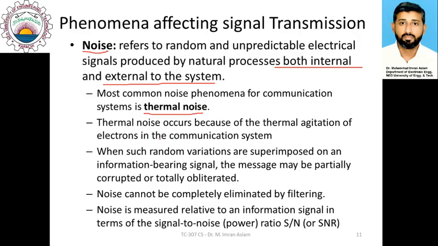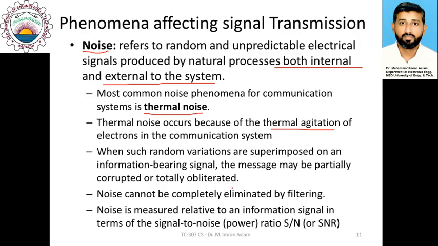So thermal noise is related to the thermal agitation of electrons in the communication system, which gets added to our desired signal and eventually makes it harder to detect our signal. If noise is too high, our signal can be totally obliterated, or in some cases it can be partially corrupted.